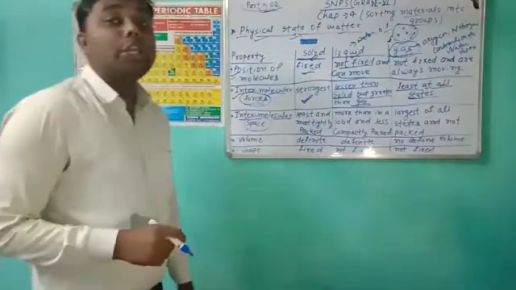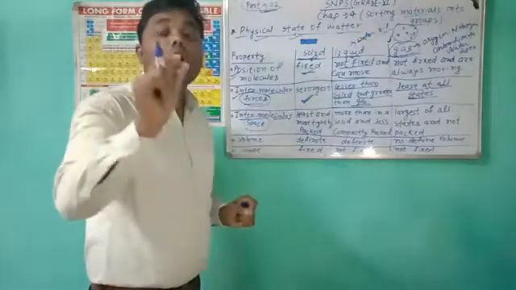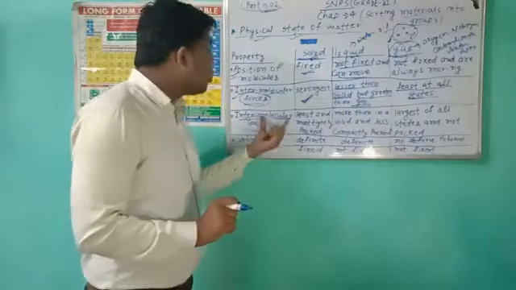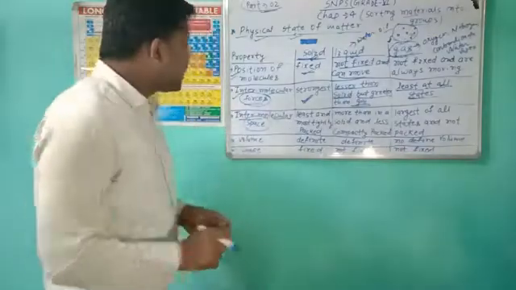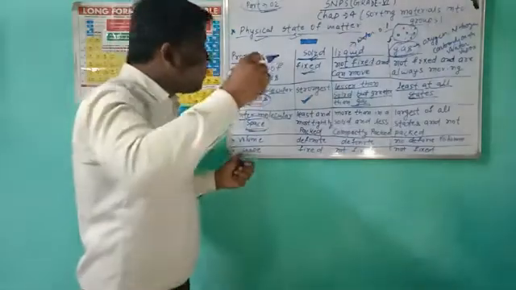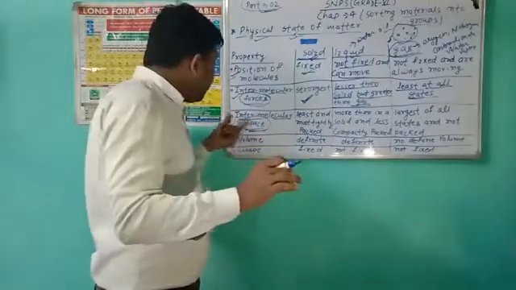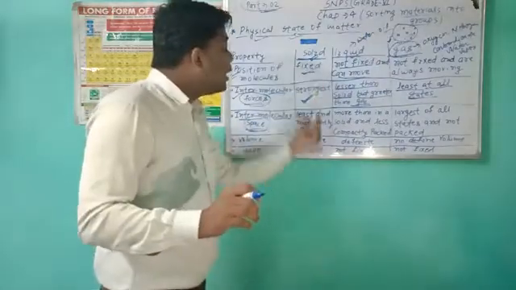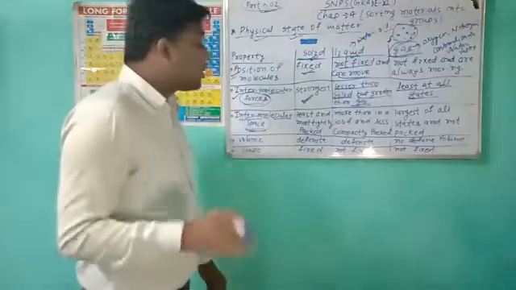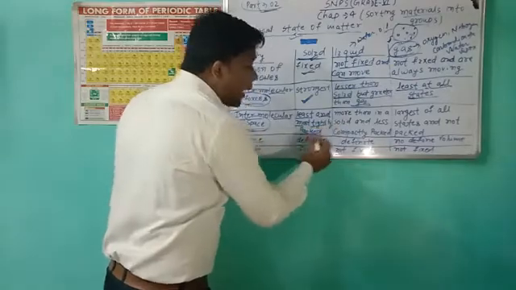What is intermolecular space? The space between two molecules of a particular material is called intermolecular space. So we can say that the intermolecular space of solids is very least. The intermolecular space in solids is least and most tightly packed.